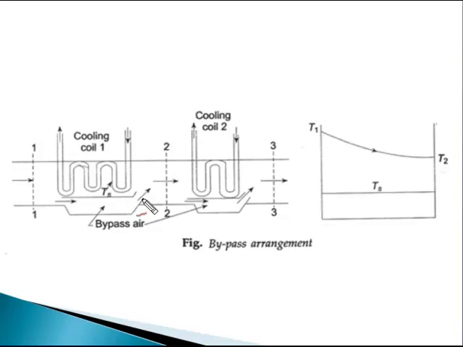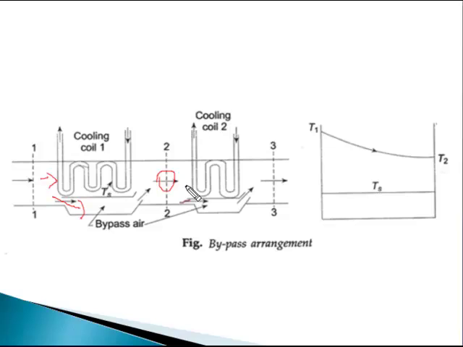In a duct, there may be more than one cooling coil: 2, 3 or more. Here we can see we are considering two cooling coils. This is the first cooling coil, this is the second cooling coil. Some air passes through the coil, some air through the bypass, then they mix.